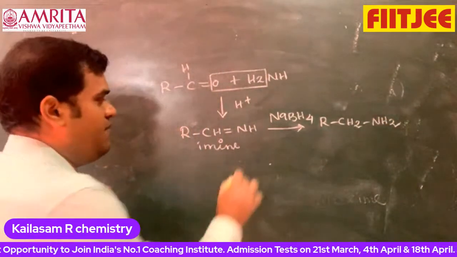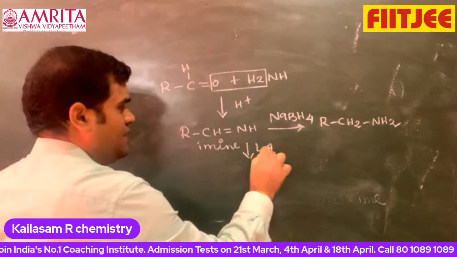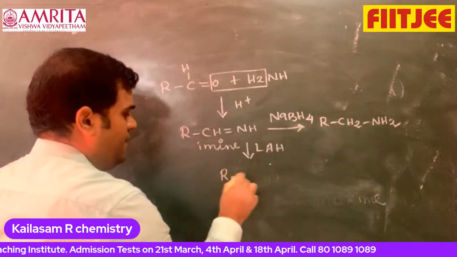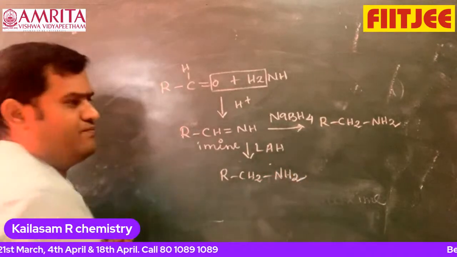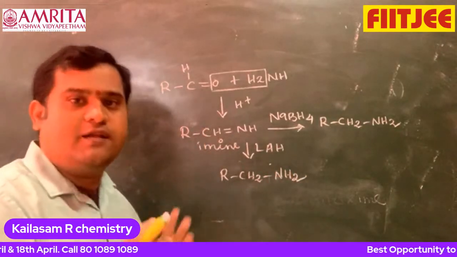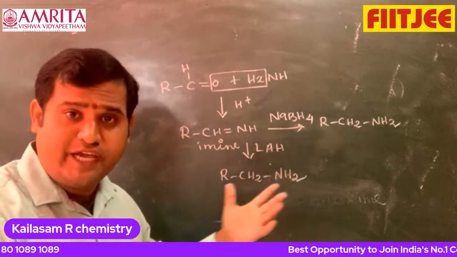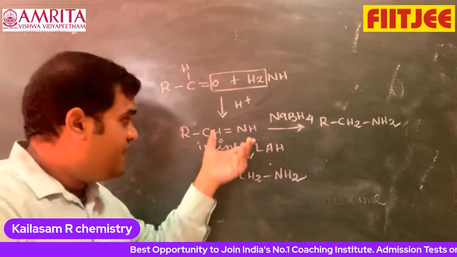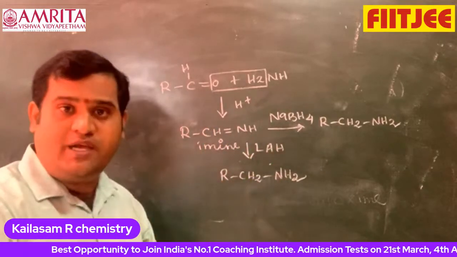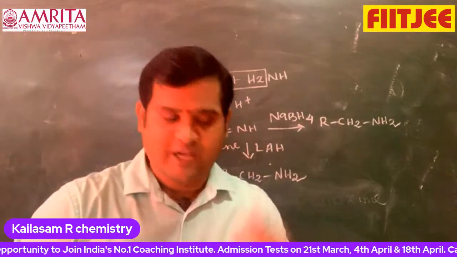Even lithium aluminum hydride, LiAlH4, can reduce imine into amine. They are good reducing agents. That means imine can be reduced by sodium borohydride and by lithium aluminum hydride, giving us an amine. That's all.